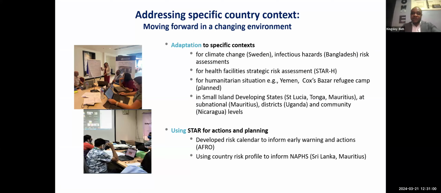It's been adapted for strategic health risk assessment in health facilities in the PAHO region, which has been published, and also for humanitarian situations and small island developing states. At the subnational district level, STAR is currently ongoing in Uganda, and we've had it at community level in Nicaragua. I was also happy to hear that the STAR country risk profile was used to inform the just concluded NAPS in Sri Lanka.